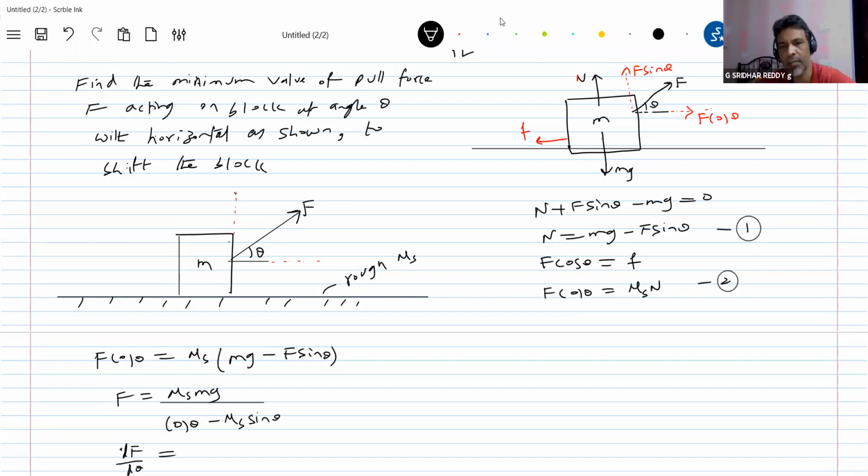N plus F sine theta minus mg equals 0, so N equals mg minus F sine theta.